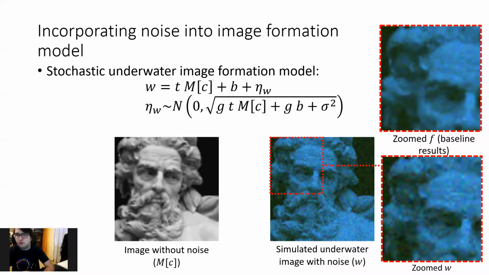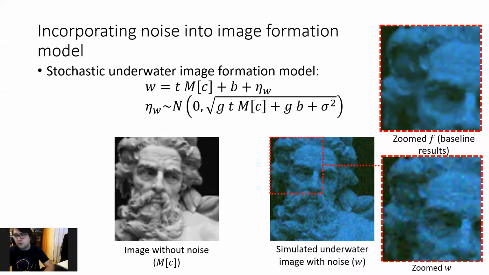We propose a stochastic underwater image formation model and show the results of the simulation using this model. On the left, we show the image without noise used in simulation, and on the right, our simulation results.